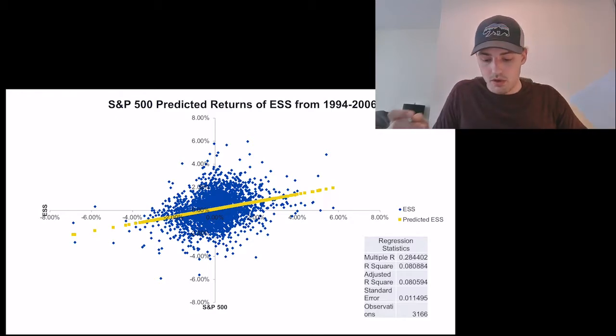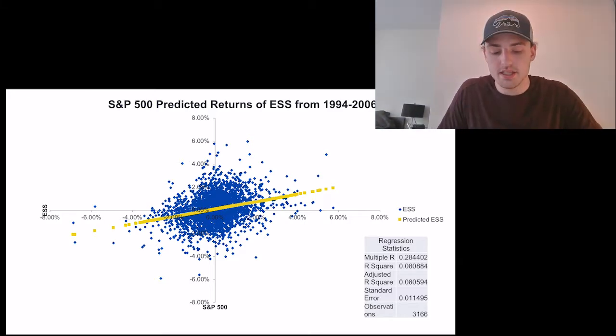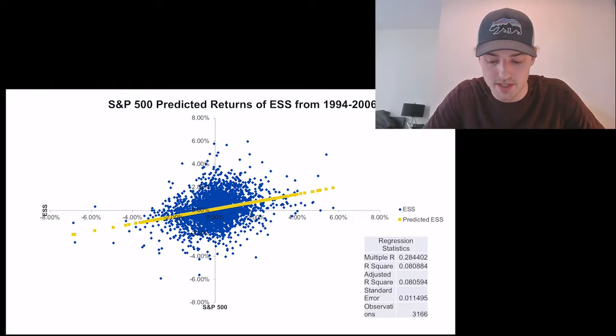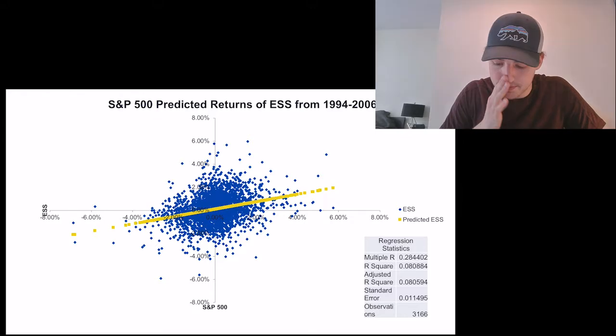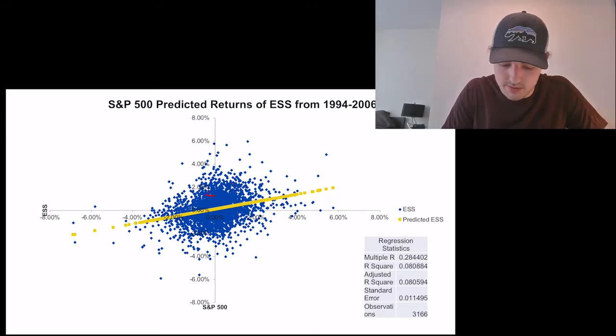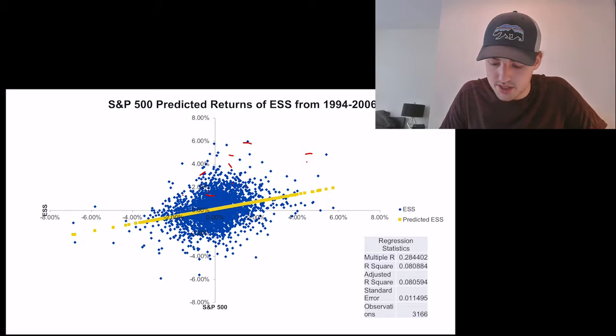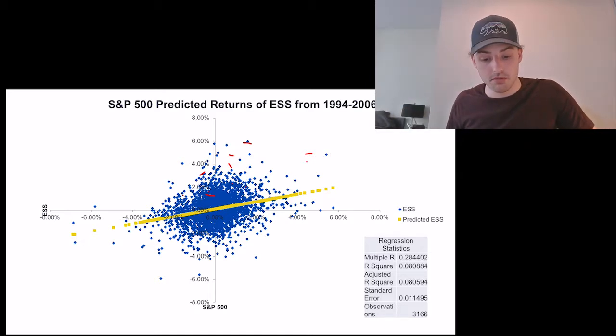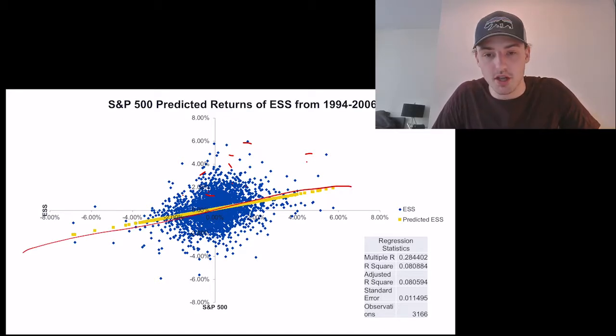So here now we'll look at the regressions, and these are really to show how weak, I guess, the predicted returns would be. So this is the S&P 500 predicted returns of ESS, which is the residential REIT, once again, from 1994 to 2006. And so in blue, we can see all of these points scattered throughout here. This is what ESS's return actually was, and based on our best linear regression against market returns, this is in yellow the predicted slope of what should have happened.